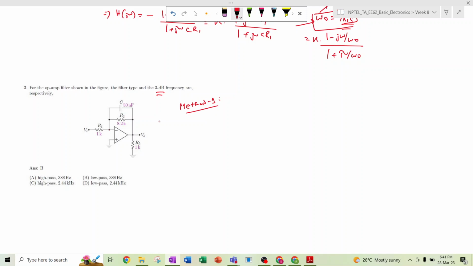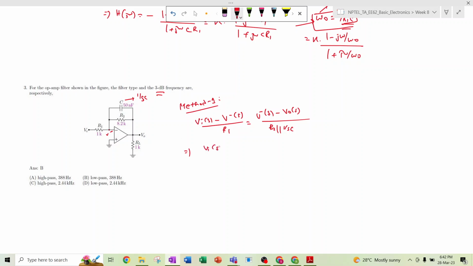Here it is v minus. Similarly, (Vis minus V minus)(s) divided by R1 is equal to (V minus(s) minus V0(s)) divided by R2 parallel 1 by sC, because this remains R2, but this C will become 1 by sC. V minus(s) is basically 0 because it's ground, the virtual ground concept.